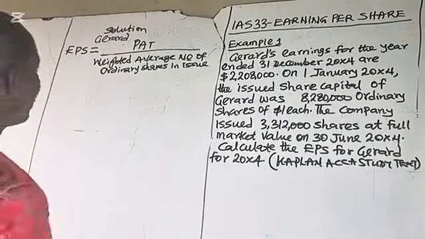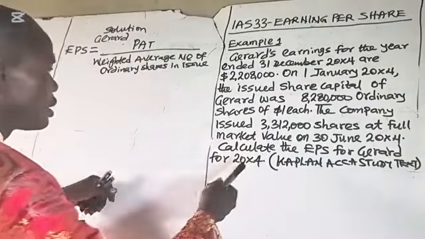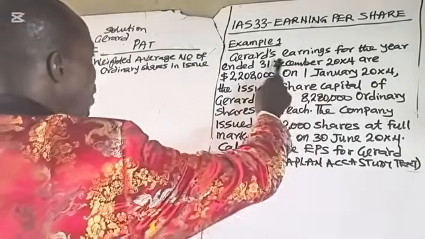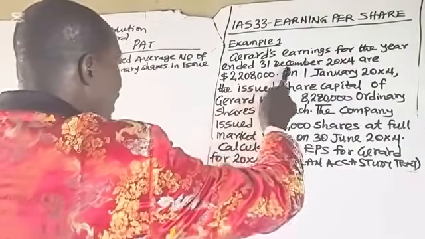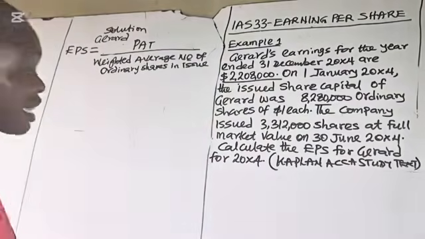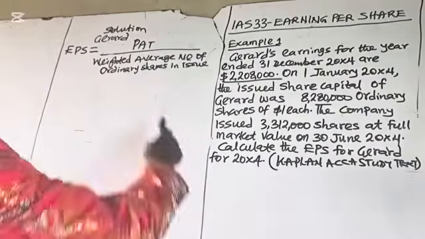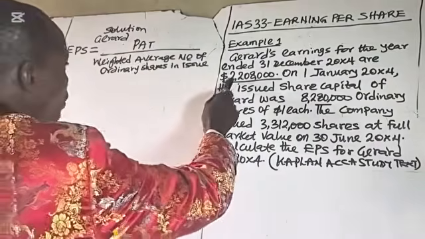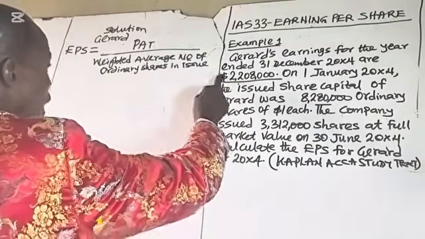And you are given the profit. You were to derive earnings for the year ended. So this is the profit. So this is the numerator. Earnings, I've told you earnings is profit. So your numerator is $2,208,000.